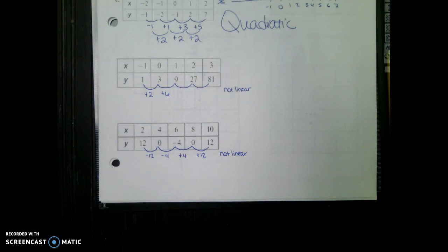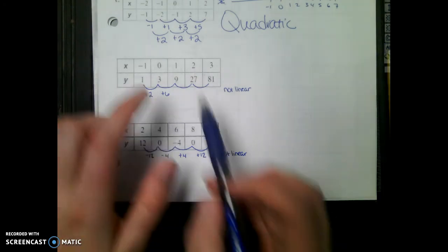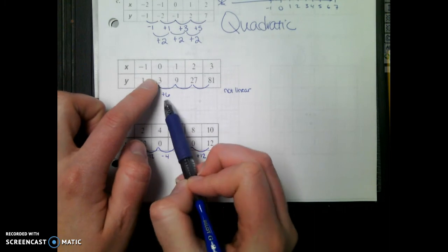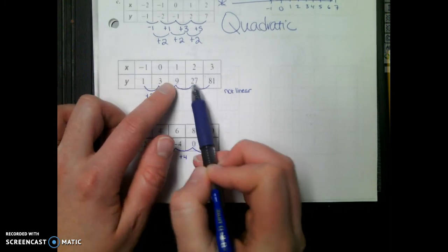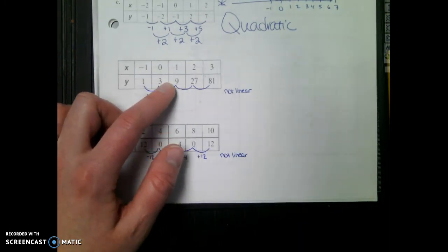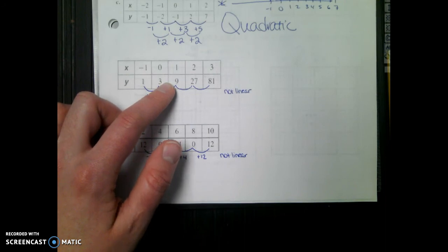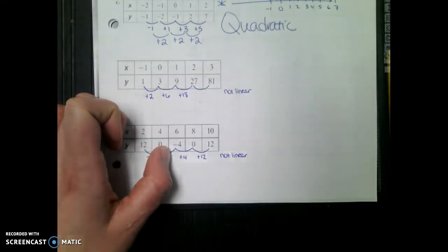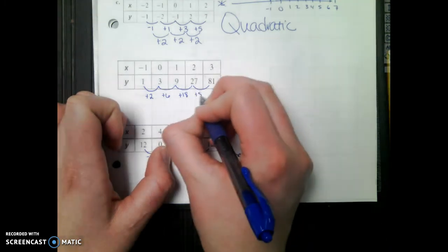So far, I've figured out that both of these are not linear. So I've completely eliminated linear as an option. Here's the problem. I know that 1 plus 2 is 3, and 3 plus 6 is 9. 9 plus, I don't know. I don't know what I would add to 9 to get 27. So I try 27 minus 9 on my calculator, and it tells me that that would be adding 18. 81 minus 27, this would be plus 54.